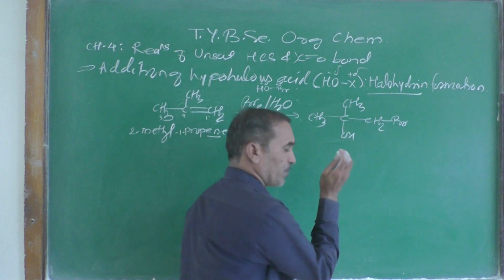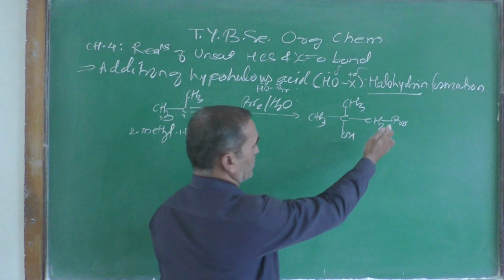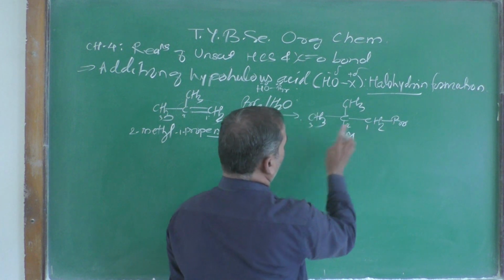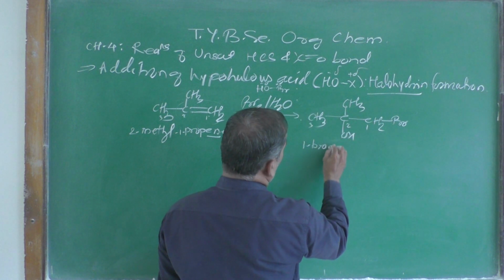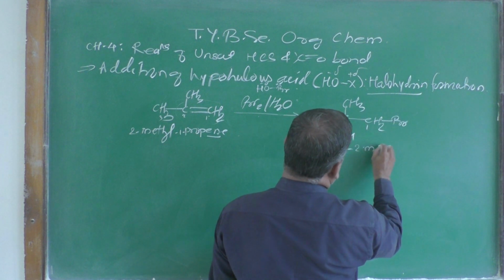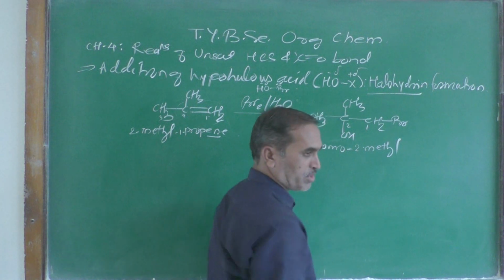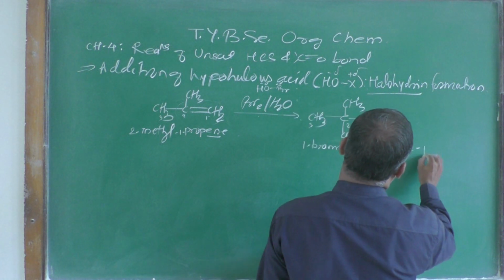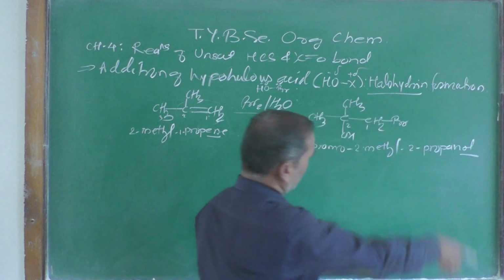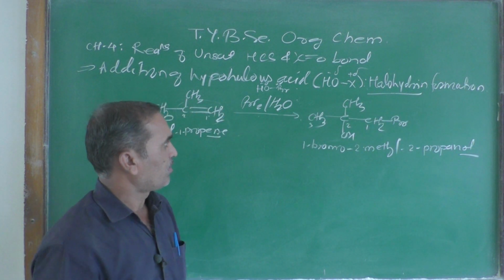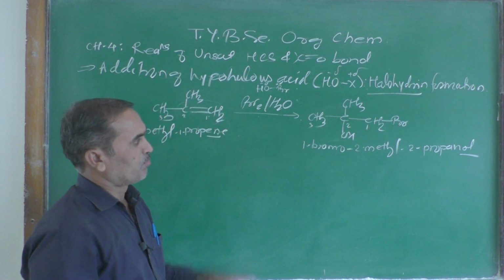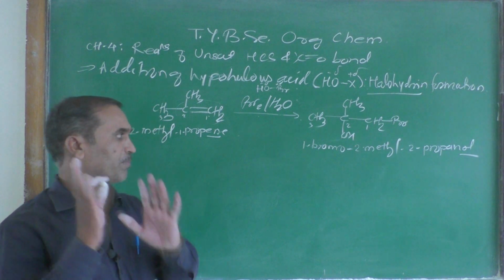Yes, it should be from the right hand side, because there is a bromine atom over there. So 1, 2 and 3, at 1 position there is a bromo, so 1-bromo. Then at 2 position a methyl group is there, 2-methyl. At 2 position a hydroxy group is also there, and therefore 2-propanol. Propane means in the straight line there are 3 carbon atoms, and therefore the correct IUPAC name is 1-bromo-2-methyl-2-propanol, right?